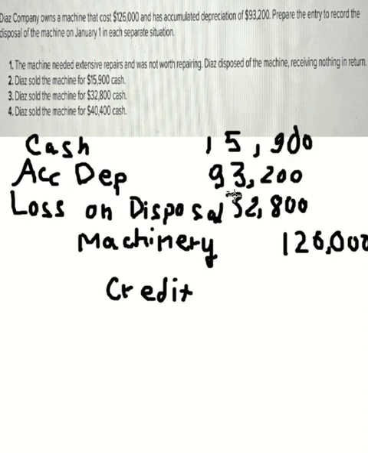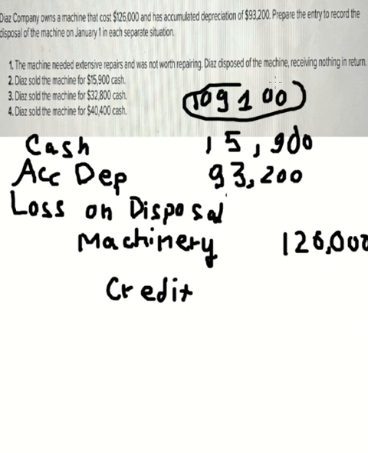Now, we need to compare the total of cash and accumulated depreciation. That is about 109,100. So this value in here is smaller than the value of the machinery. So we still have a loss on sales.